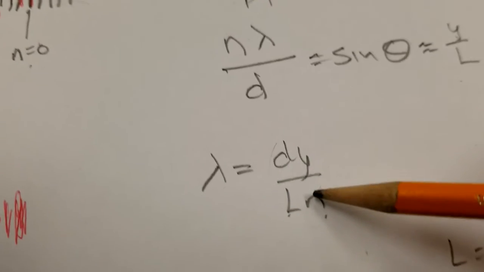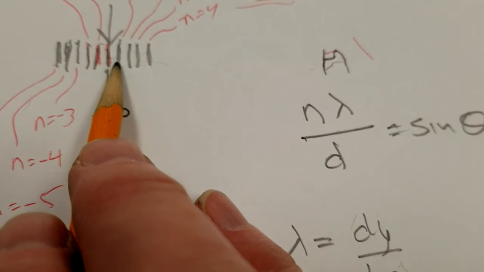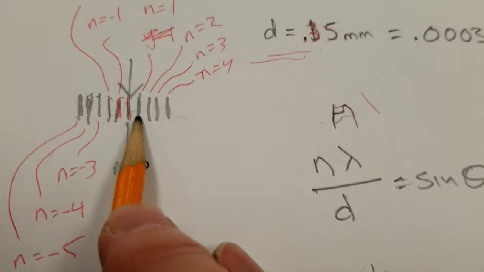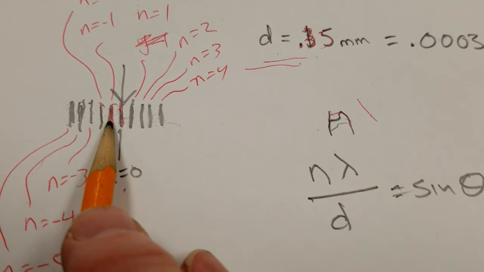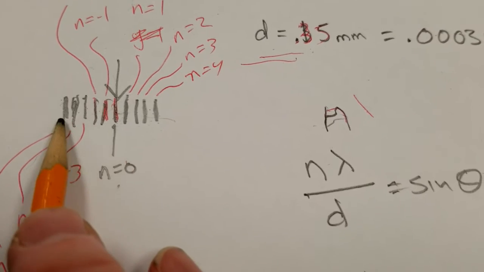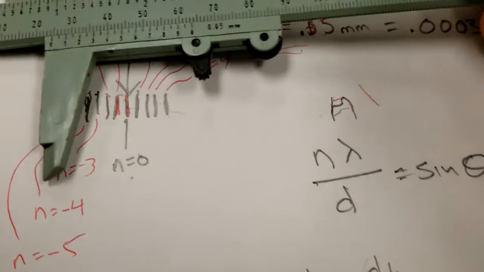Because all the distances are roughly the same, if I want the distance from 0 to 1, in other words let n equal 1, I end up with basically the same distance here, here, here, and here, or close enough. I measured the distance from here to here using the vernier calipers.